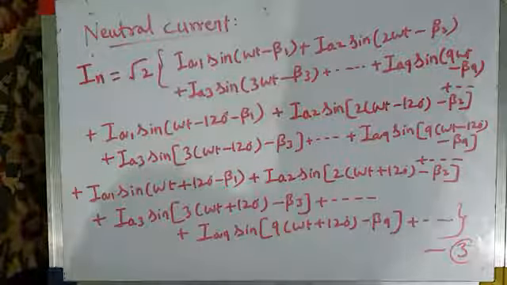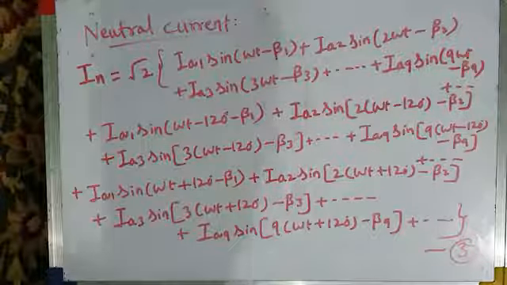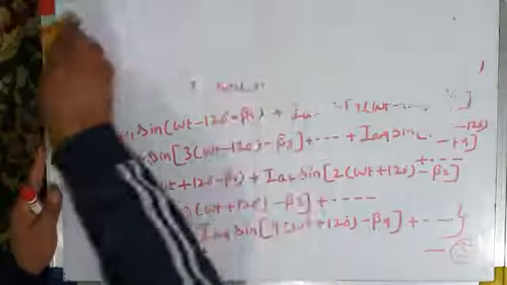Now it is very interesting to see that we will find now the contribution of various harmonic components in the neutral current. As far as this neutral current, which you have written as equation 3, is concerned, it contains fundamental component and harmonic components like even harmonics and odd harmonics.